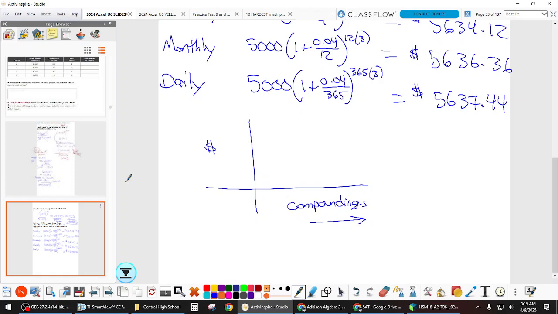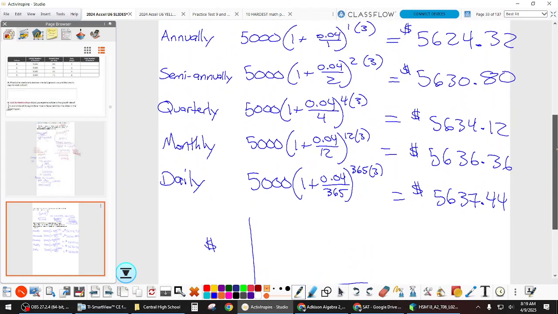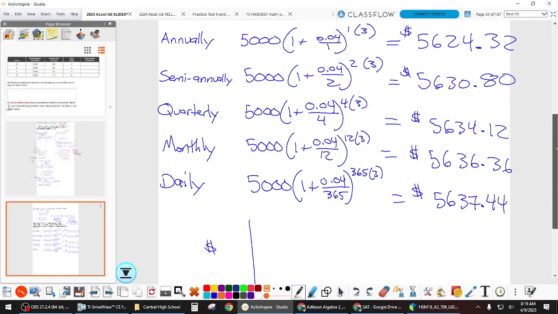Exponential. Can you scroll up? So I can see all the way down.